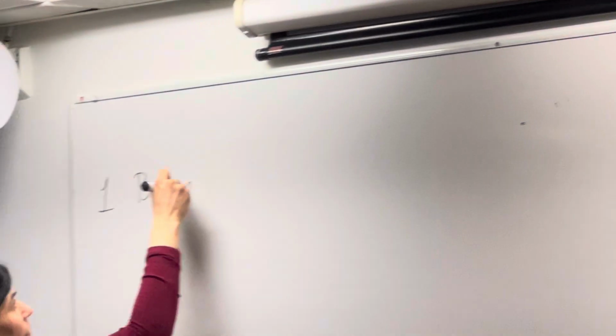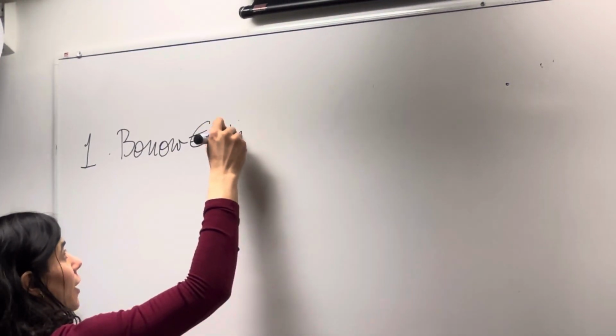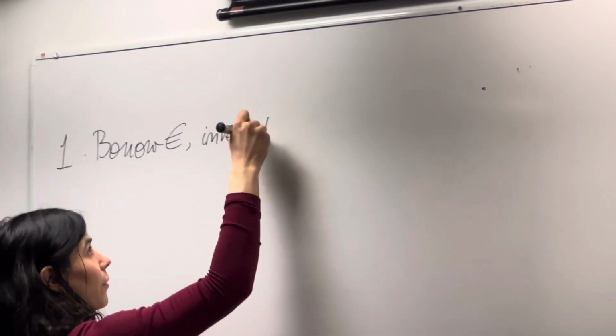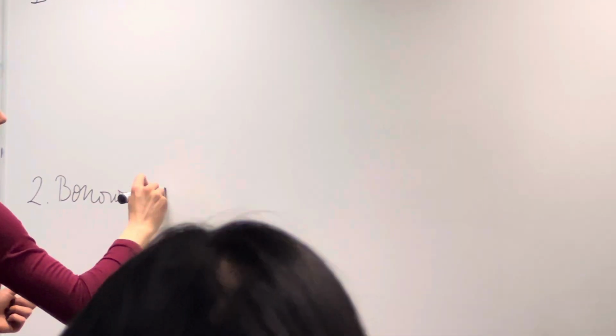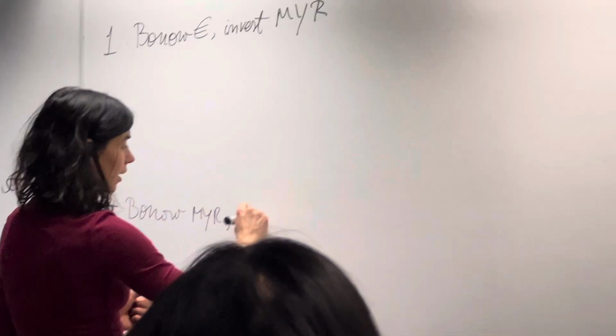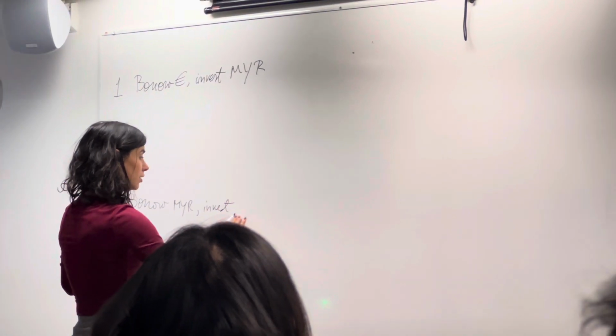So the first one: we borrow euros and invest in Malaysian ringgit, and the next part we do the reverse. We want to check both options: borrow and invest in euros.